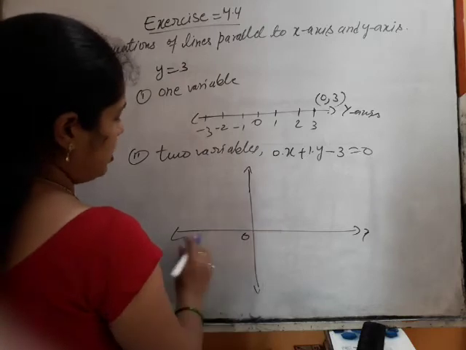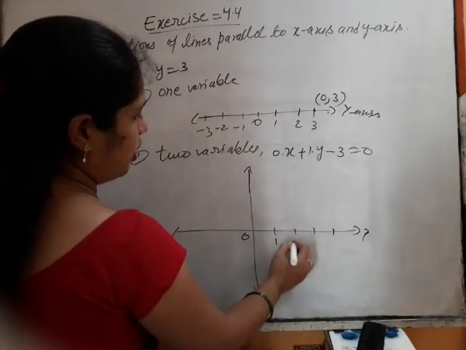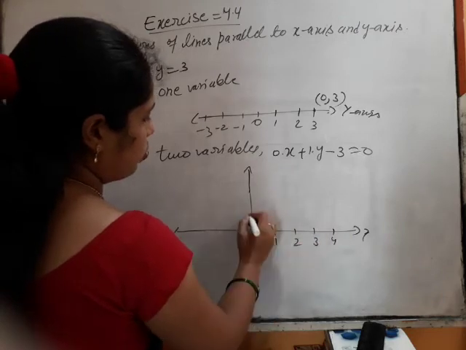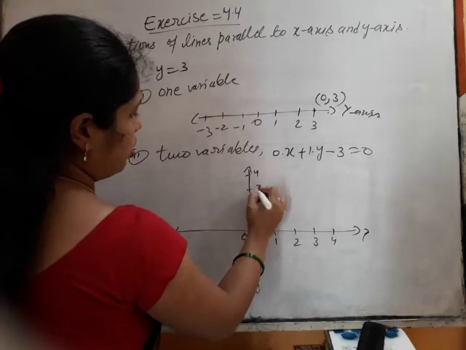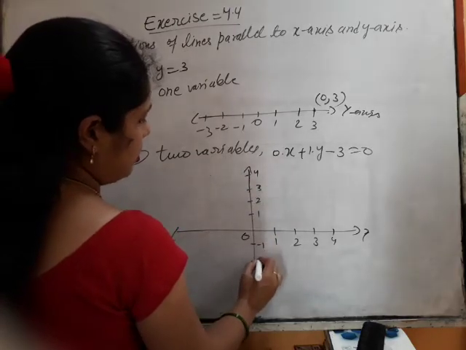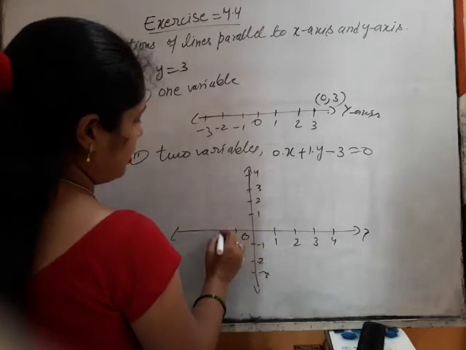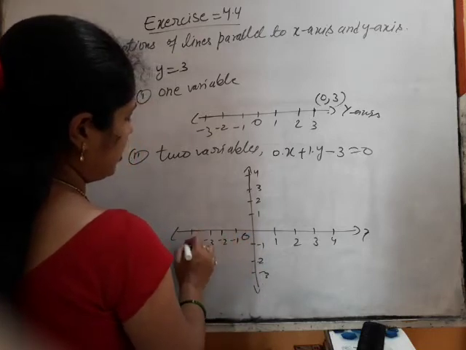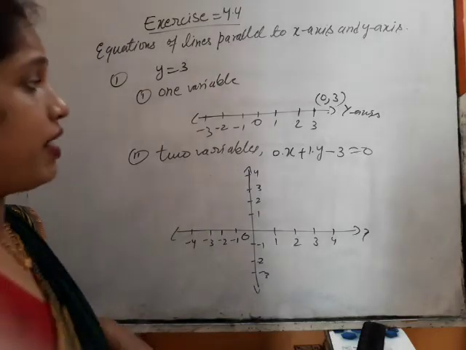Then this is the origin, 1, 2, 3, 4, and -1, -2, -3, -4. First of all let us have the different values.